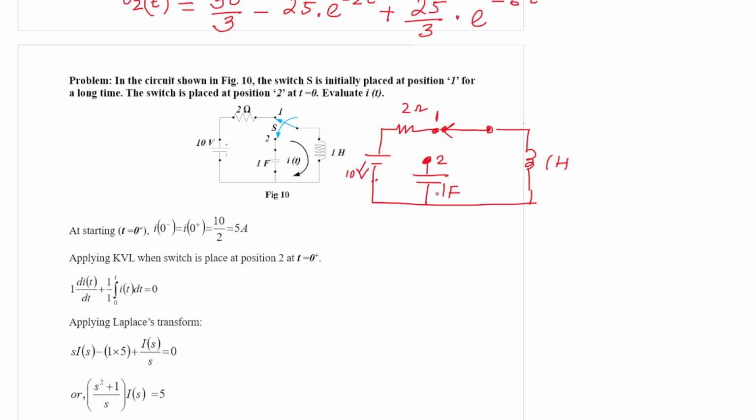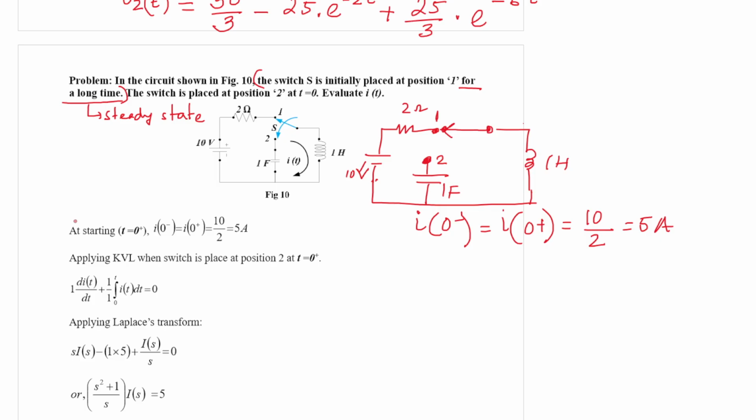Again you see this language: the switch S is initially placed at position 1 for a long time. Whenever you come across this term, for a long time, it represents steady state. At steady state the inductor behaves like a short circuit, so we can write directly I0 minus, which will also be I0 plus, equal to 10 by 2, which is equal to 5 ampere.